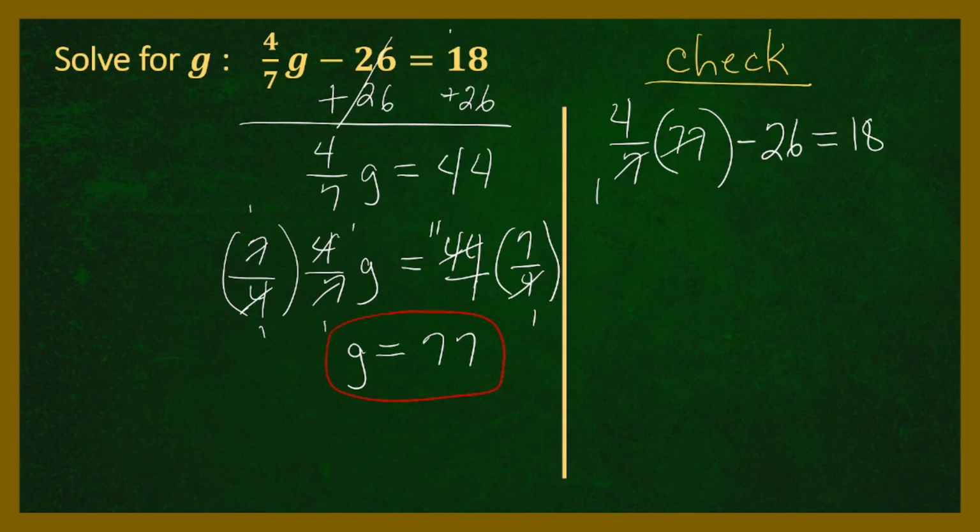It goes into 77 11 times. So now we have 4 times 11. That's 44 minus 26 is equal to 18. So when we do the math here, 44 minus 26 is equal to 18, and 18 equals 18. So yes, our equation is balanced and G is equal to 77.